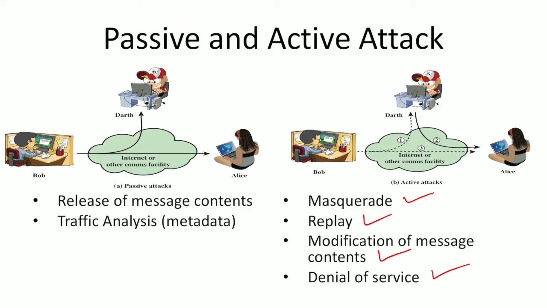Modification of messages means that some portion of a legitimate message is altered, or messages are delayed or reordered to produce an unauthorized effect. The denial of service inhibits or prevents the normal use or management of communication facilities.